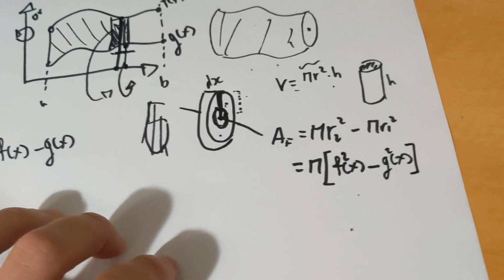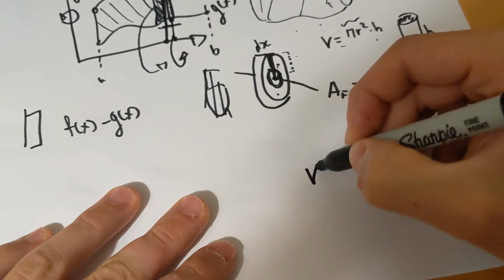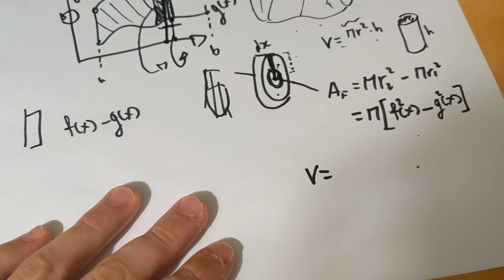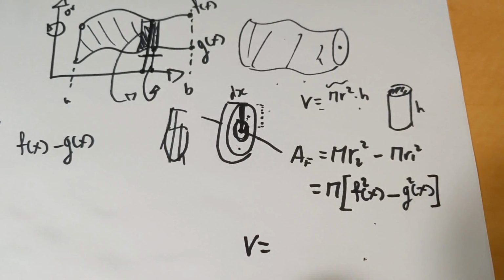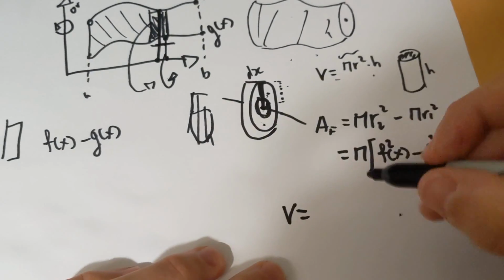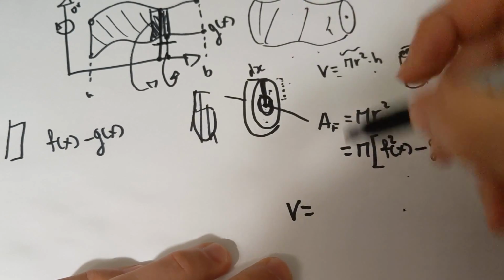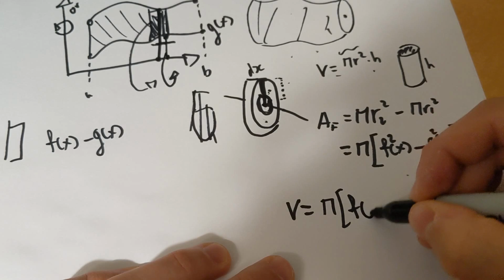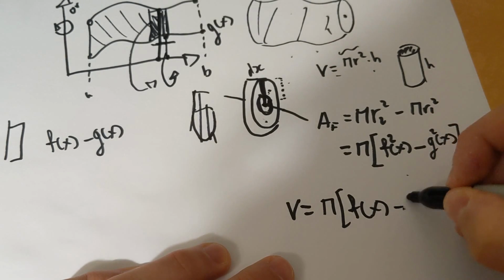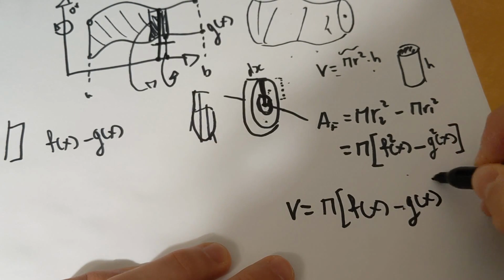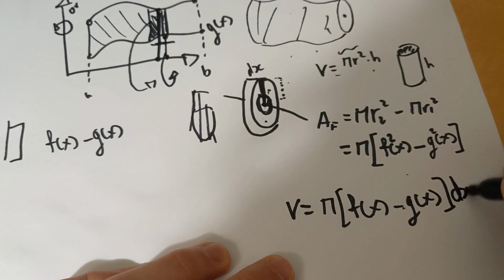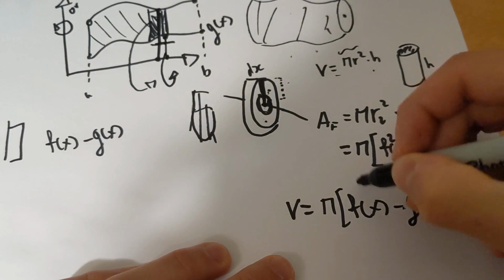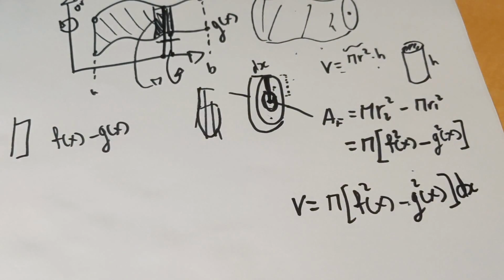Now to find the volume, you just multiply by the height, which was dx. Okay, perfect.